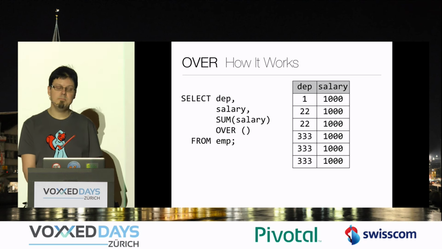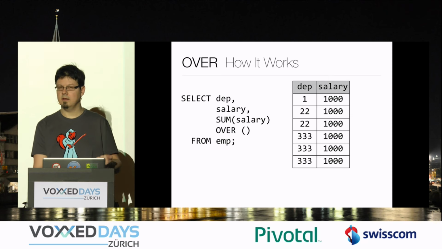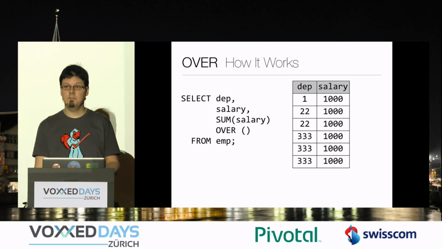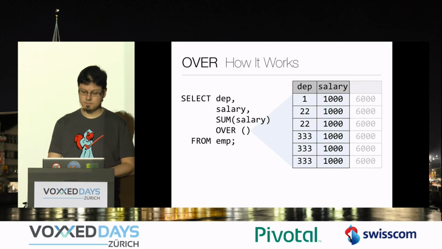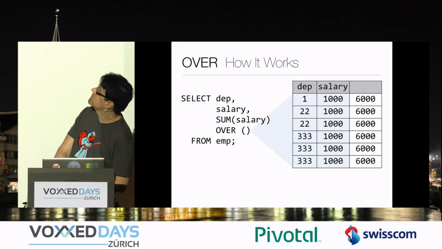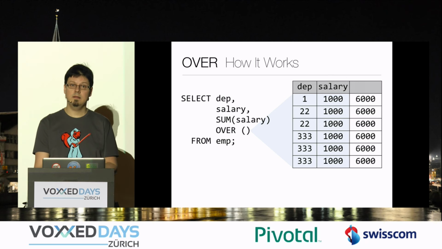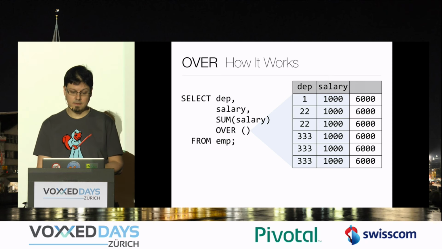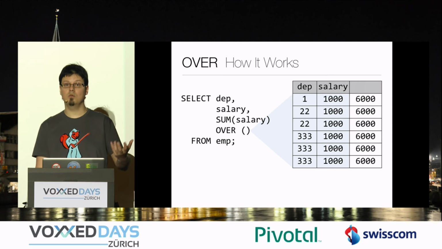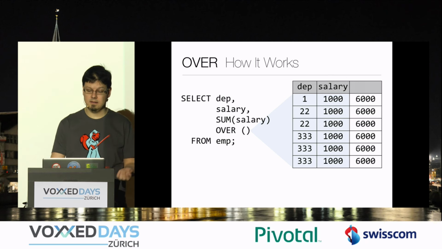Here I'm using an empty over clause, which is very similar to an empty group by clause, and basically means build the sum over the complete result set. So what's happening here is we get one more column with the sum of all the salaries, which is 6,000. So this is the empty over clause. It makes the sum overall, but it doesn't collapse any other data.